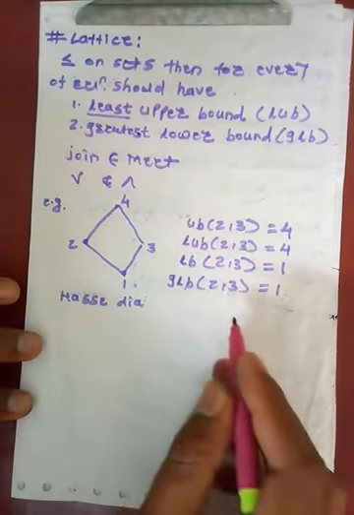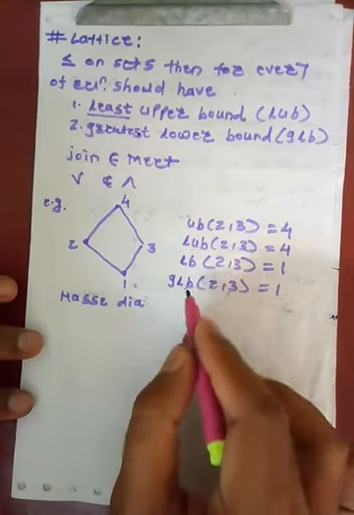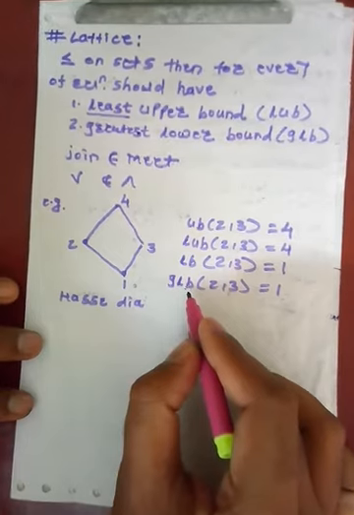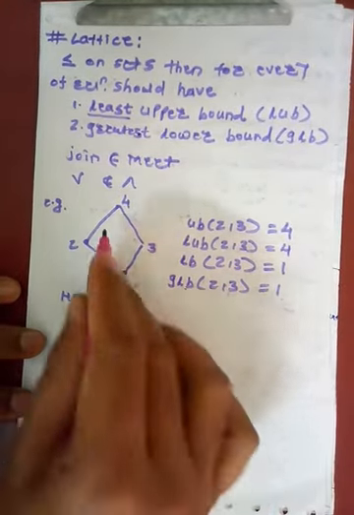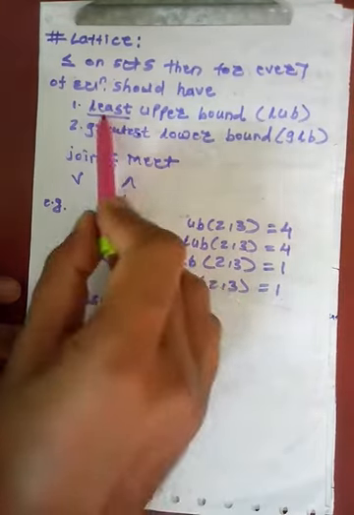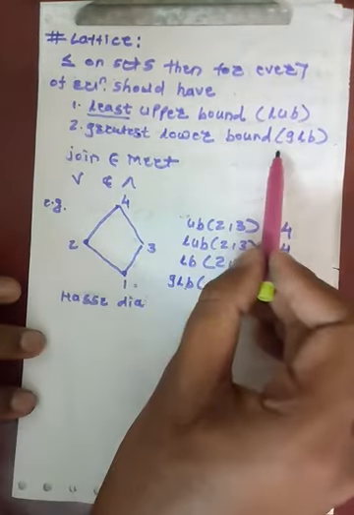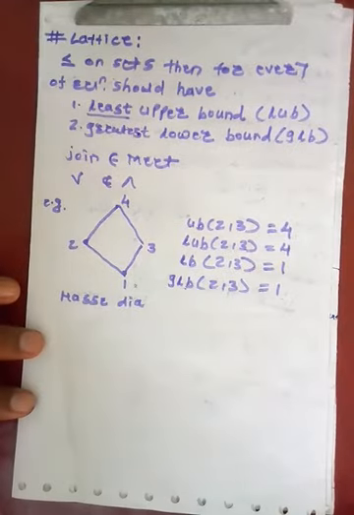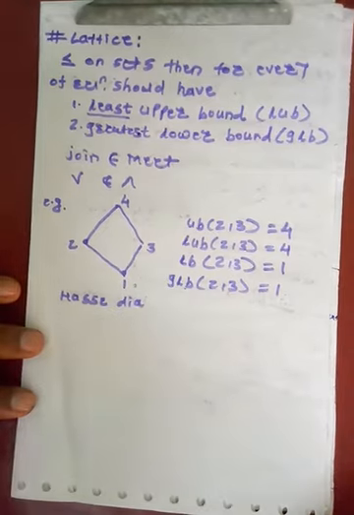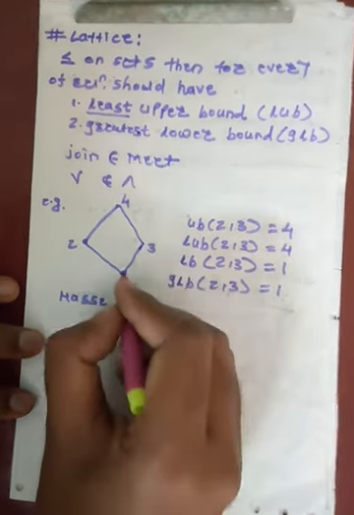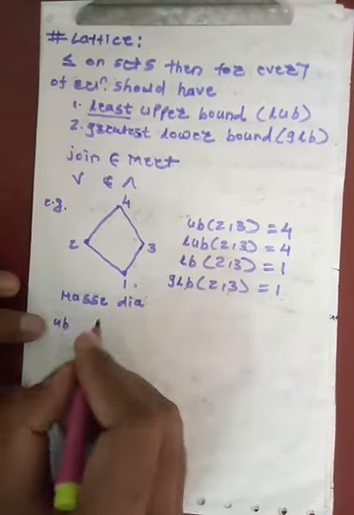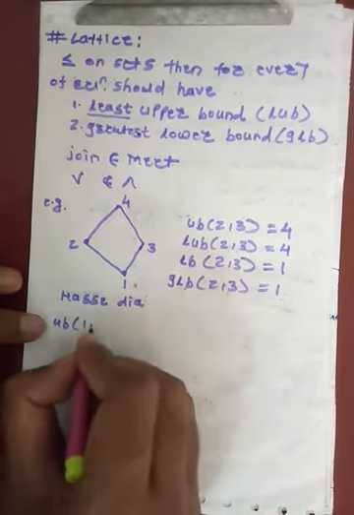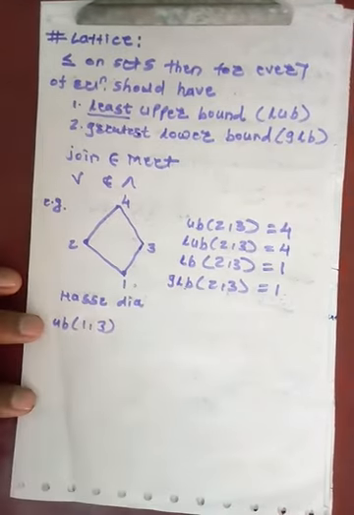In this way we can find the least upper bound and greatest lower bound of any pair. If every pair has a least upper bound and greatest lower bound, then it is a lattice, right?